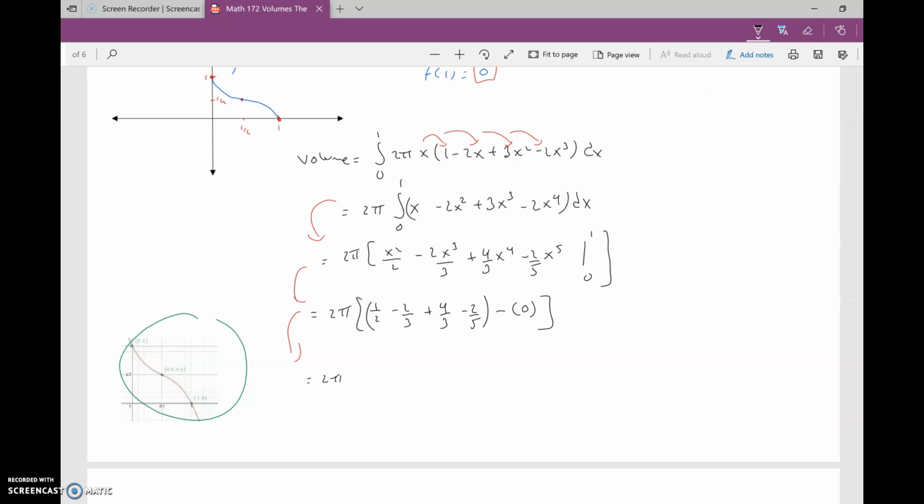So this is 2 pi times our LCD is equal to the values of, wait a second, I have a mistake here because this is going to be 3/4.